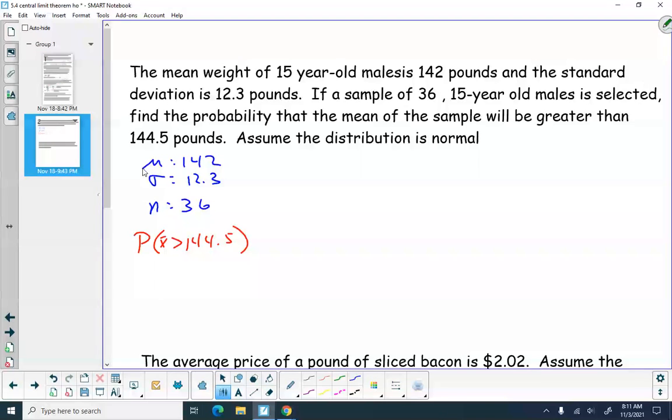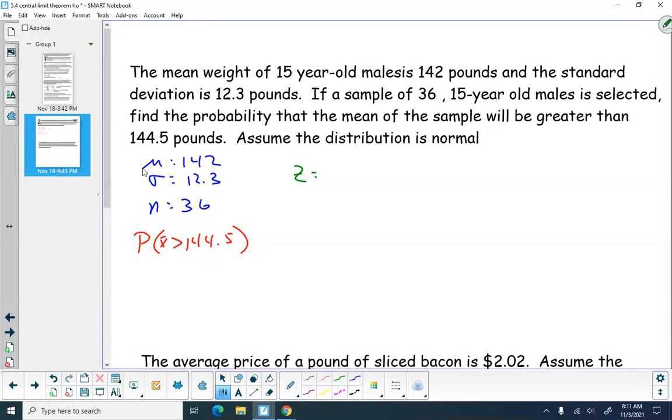So we're testing a sample mean now. We're not testing one individual and pulling one individual like we did the first 3 or 4 days with this. First 3 or 4 days, we were picking one person out and testing that one person. Now we're testing a sample size of 36.